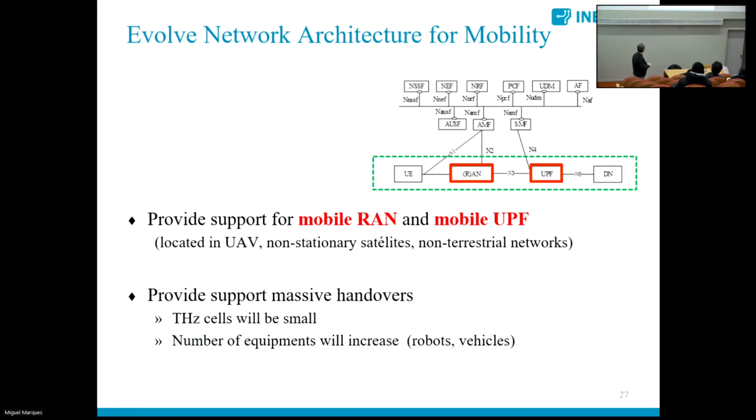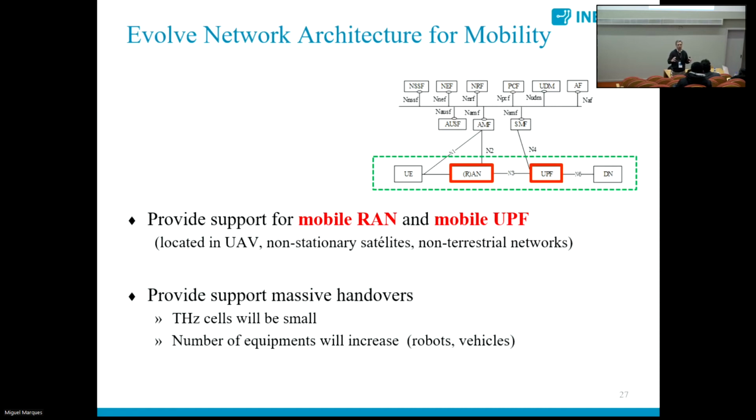And of course, we should be able to define or develop functionality to support a large number of handovers. Handover is what is happening when a mobile phone is moving from one node B to the other node B. Now the cells will be very small, if we have these cells operating at the upper millimeter wave or at terahertz frequencies.